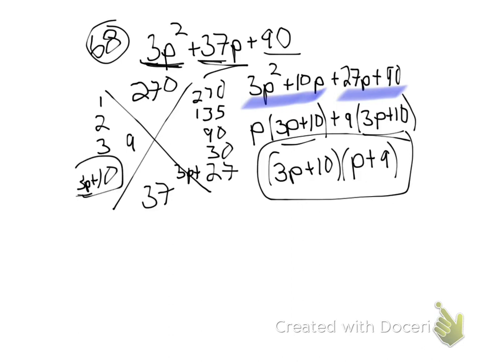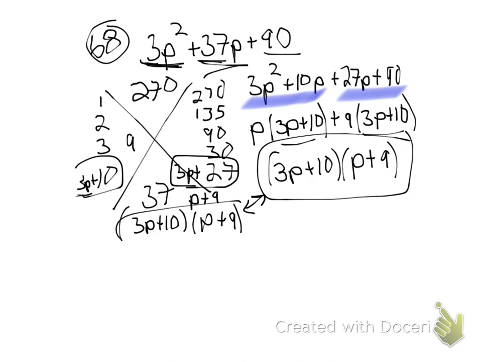And I look at 3p plus 10, nothing comes out of there, but 3p plus 27, a 3 comes out of both of those. So I change that to p plus 9. And that 3, it's the magic factoring stage. It's a trick. It just makes it go away. So we get 3p plus 10 times p plus 9. So two different ways to do the same exact problem. You've got to figure out which one you like better.